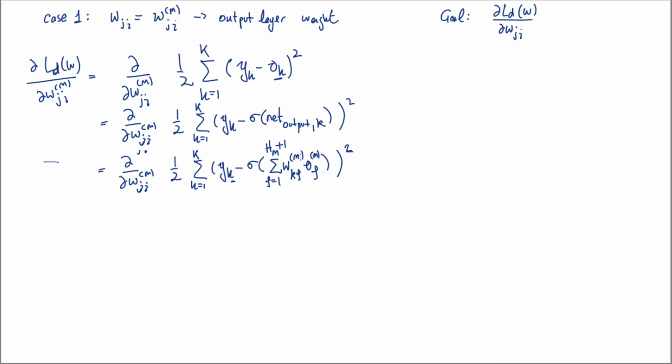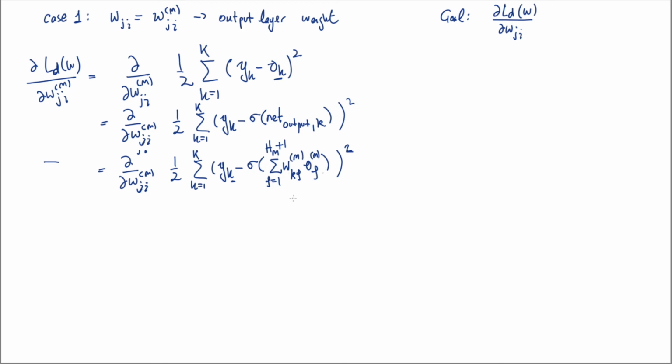If you're confused by this, go back and make sure you understand what net means. It's just the weighted linear combination of the outputs from the previous layer. The previous layer has h^m units plus a bias unit. These are the weights going into the kth node, since we're looking at the kth output, and the output from the previous unit is Ol.